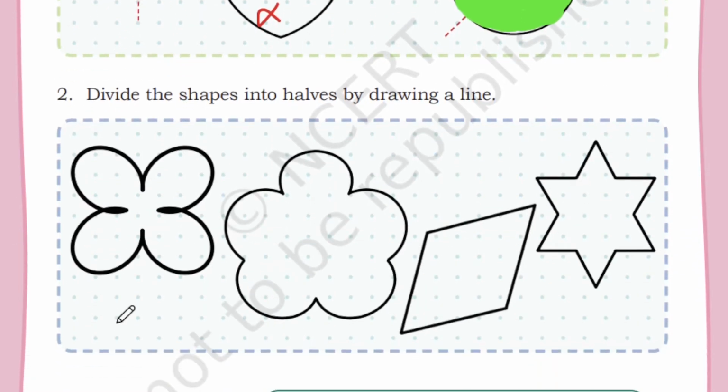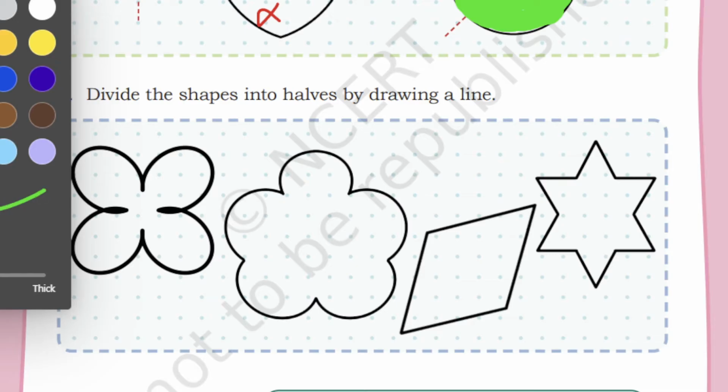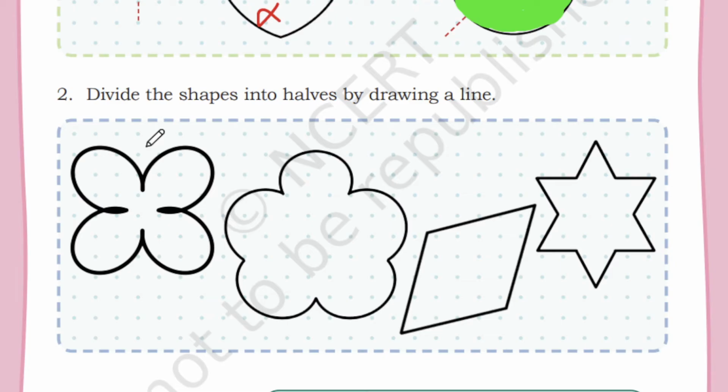So next we have: divide the shape into two halves by drawing a line. So you have to draw a line and divide the shapes into two equal halves. Okay, I'm going to draw a line, or else I'll make a dot. Always use a scale to draw the line, students. Because I'm not having a scale here, that's the reason I'm just putting a dot to make sure that everything is going correct.